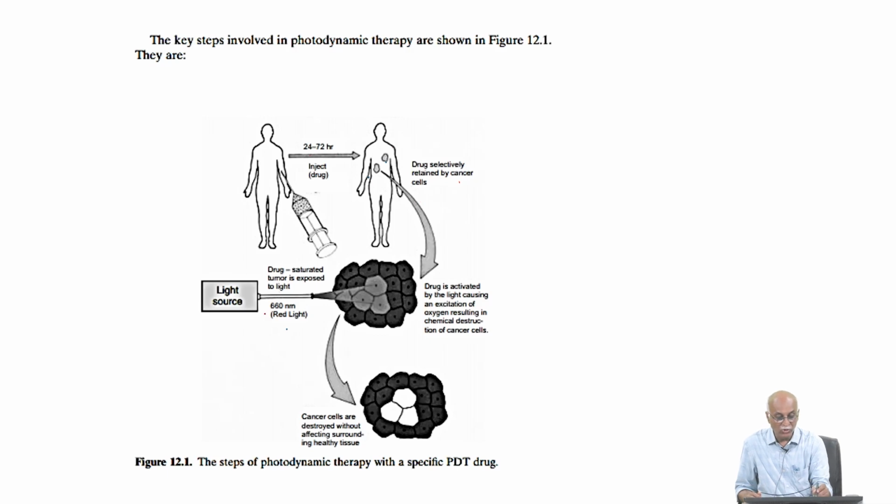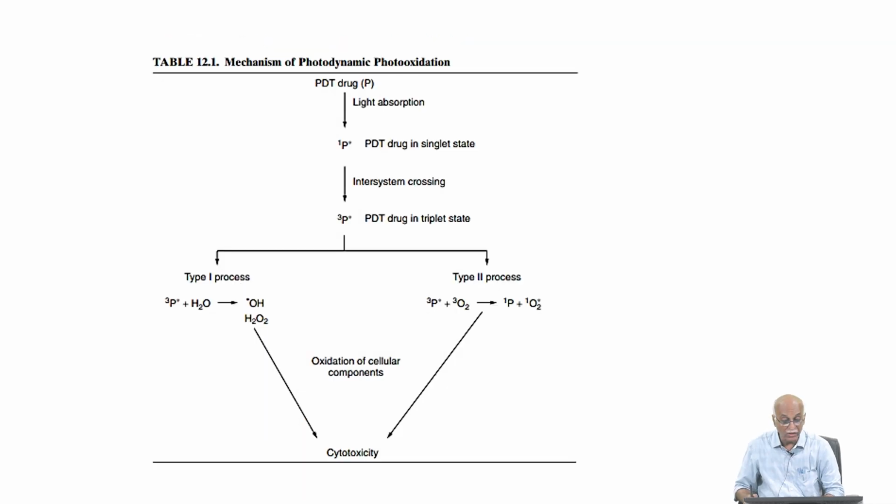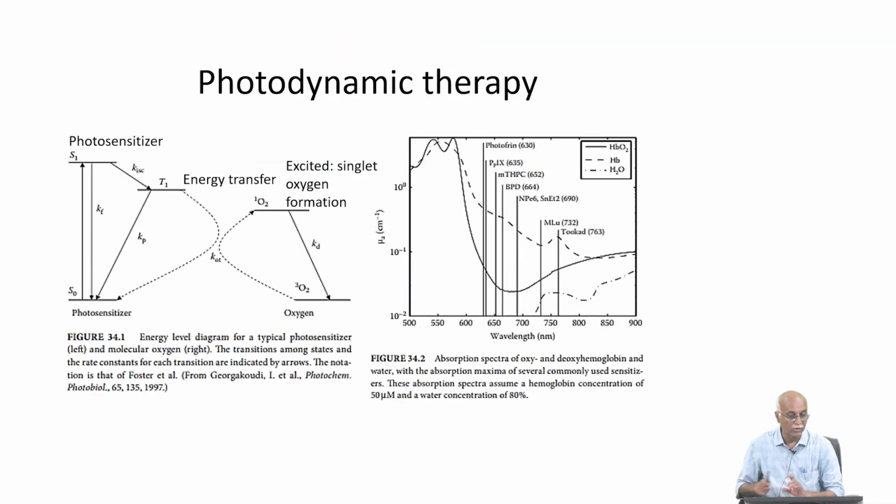Then the light source, as I told you, red color, around 660 nanometer, activates this drug so as to produce excitation of oxygen. This drug is basically photosensitized.